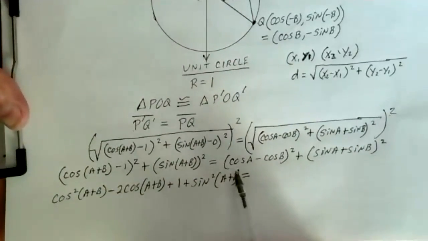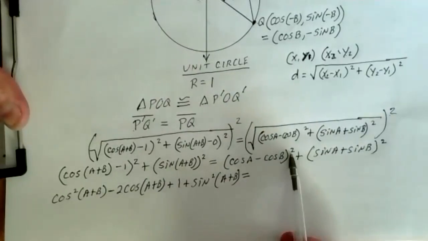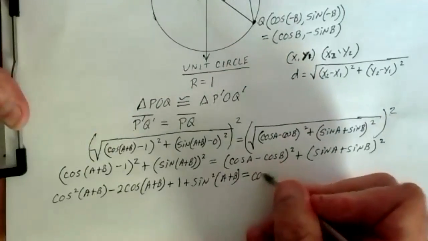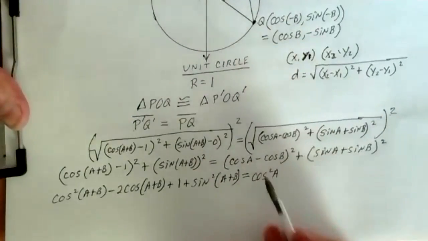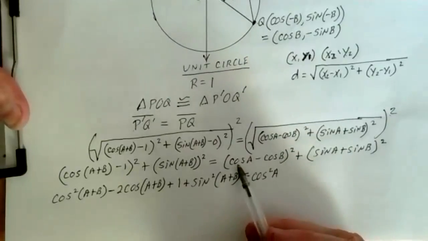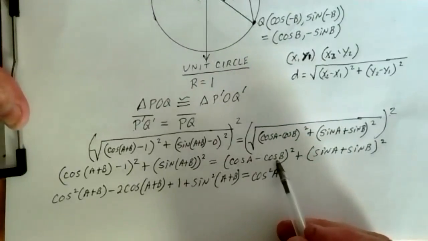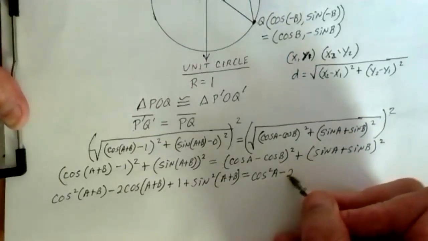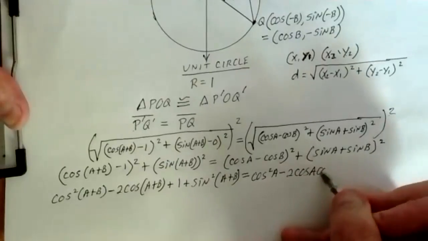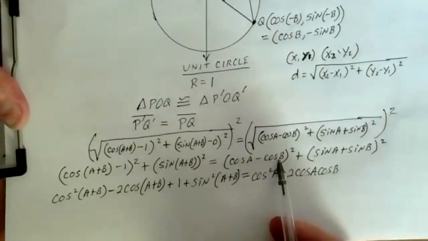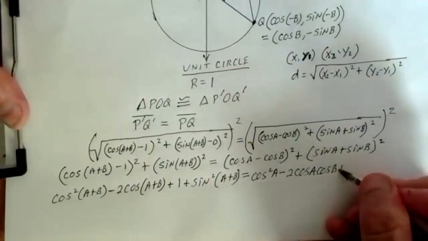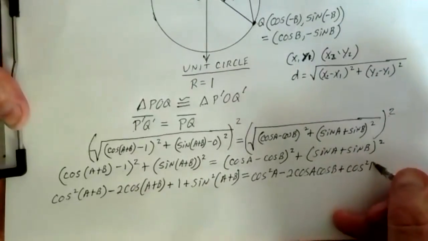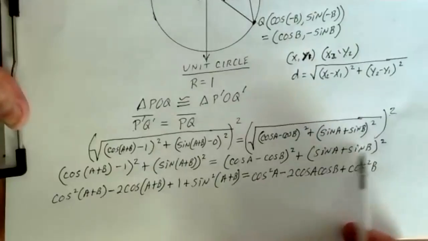And that's going to be equal to, now what we'll do is FOIL this out, expand this out. Cosine A minus cosine B squared is going to be cosine squared A, rather. And cosine A times negative cosine B plus another negative cosine B times cosine A will be -2 of those cosine A cosine B. And a negative cosine B times itself is going to be a plus cosine squared B. Finally, we FOIL this out, sine A plus sine B times itself.